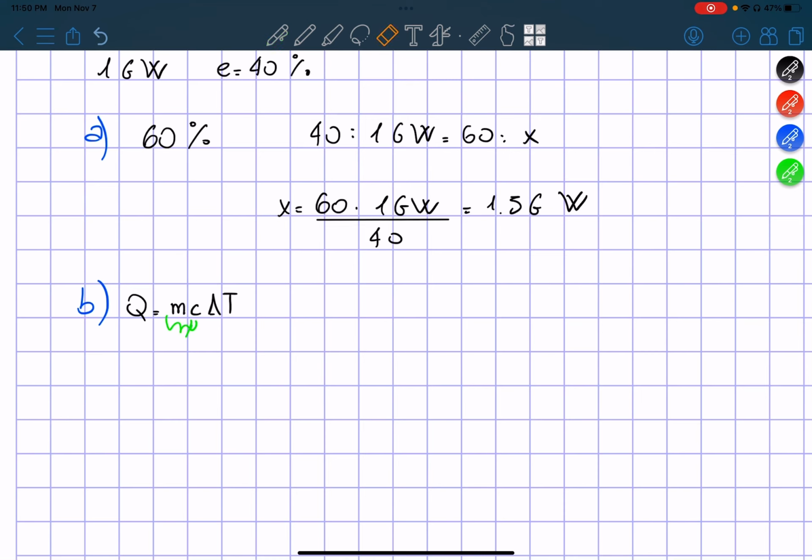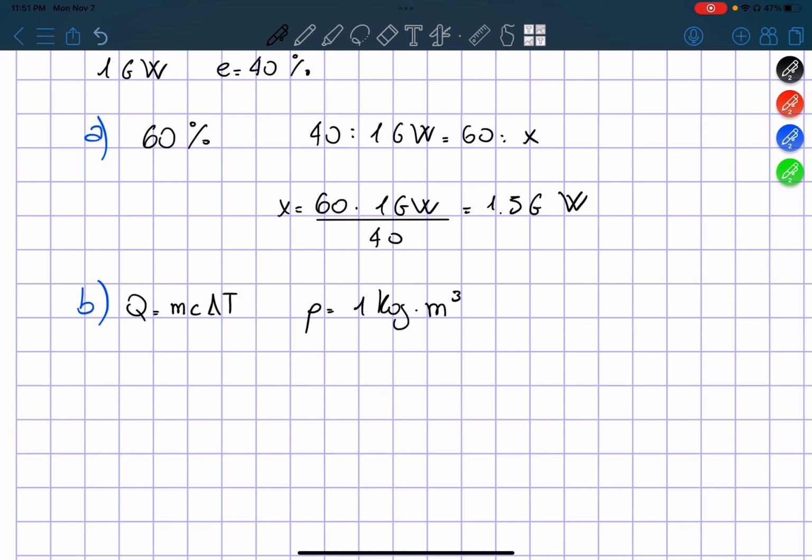Actually, you know what? We know the density of water. Let me just look it up very quickly, I don't want to say something dumb. It's about 1 kilogram per meter cubed.